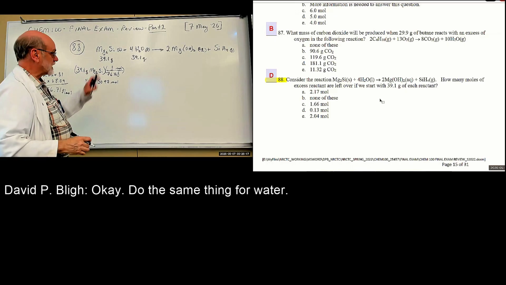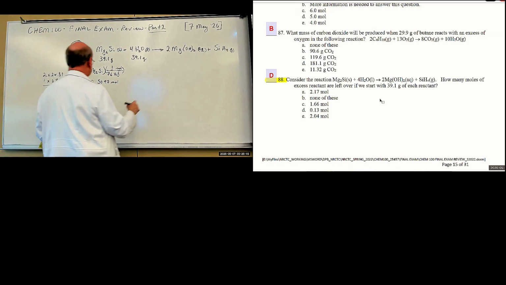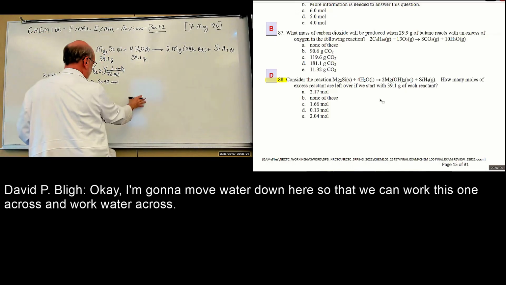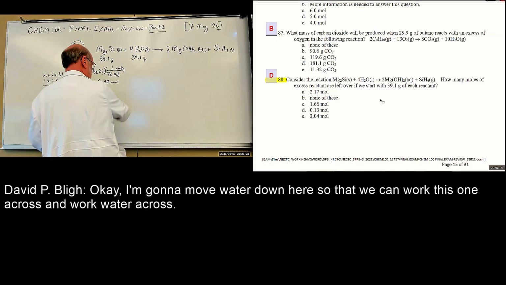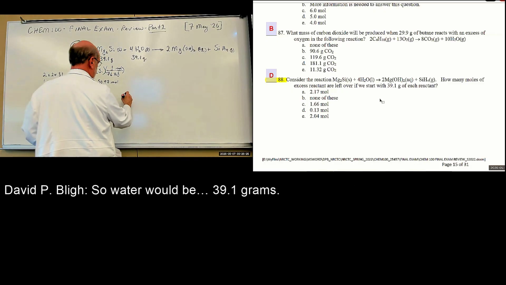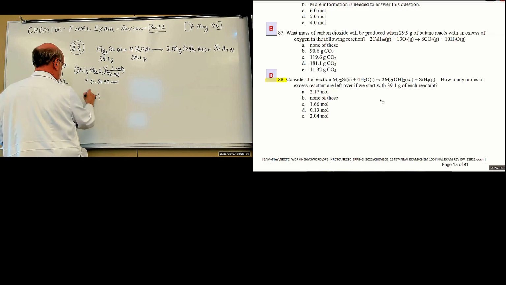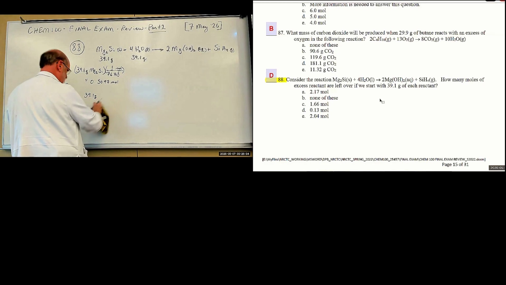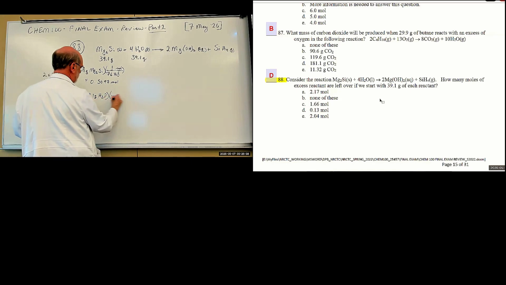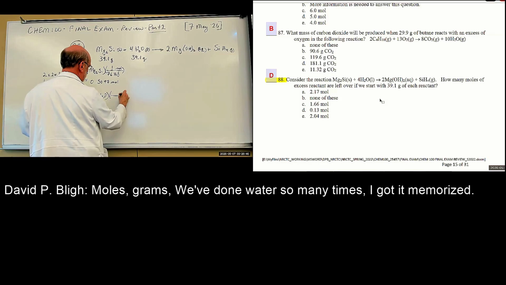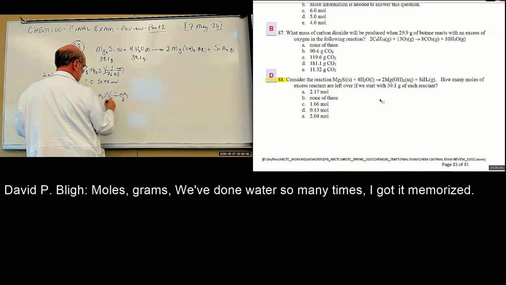Okay, do the same thing for water. I'm going to move water down here so that we can work this one across and work water across. So water would be 39.1 grams of water. Moles, grams.